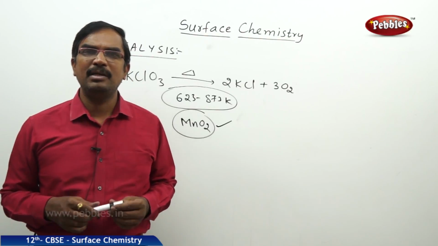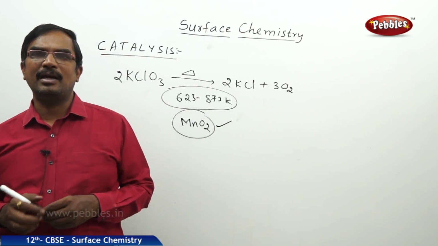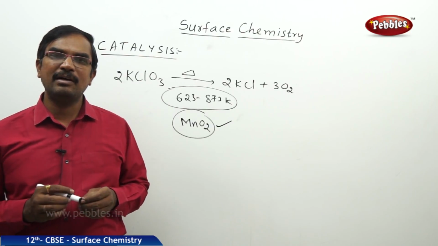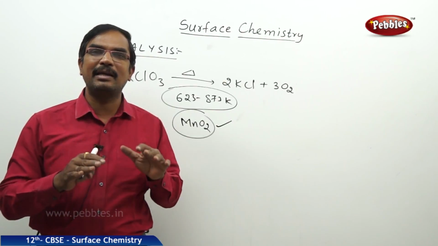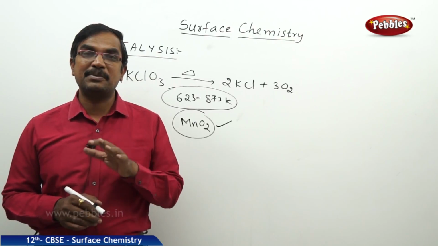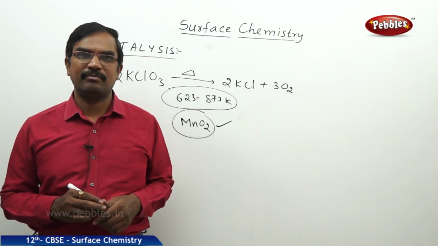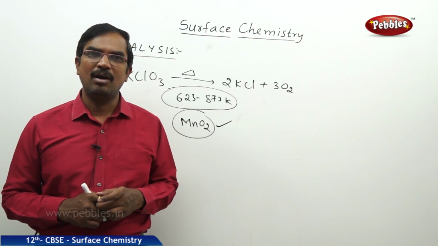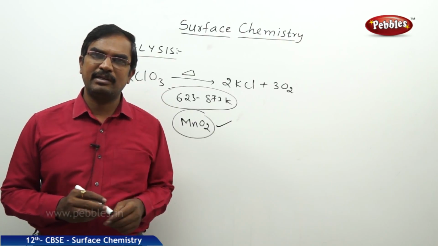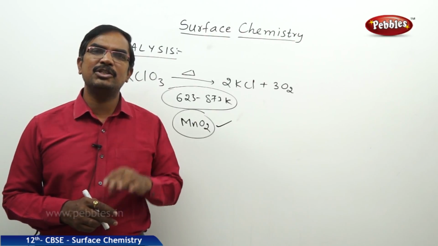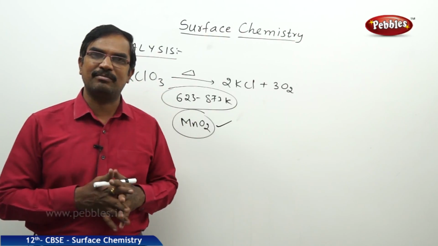At the same time, one thing one has to remember is that in the presence of certain substances, the rate of reaction can also be decreased. So a catalyst is a substance which alters the rate. Here alters means it may increase the rate of reaction or it may decrease the rate of the reaction. In most cases, the role of the catalyst is to increase the rate of reaction.